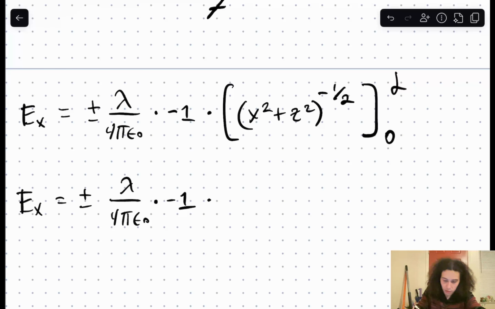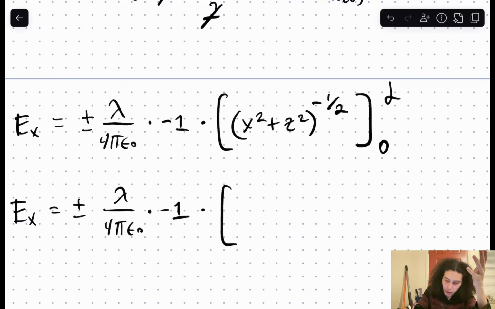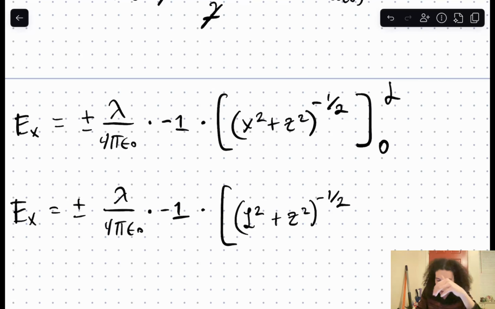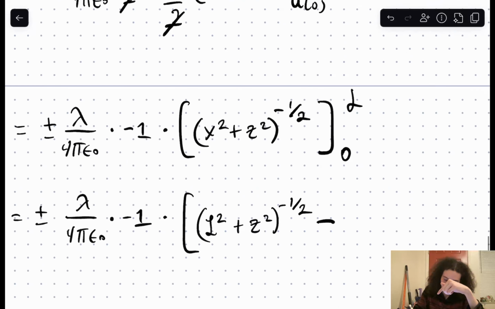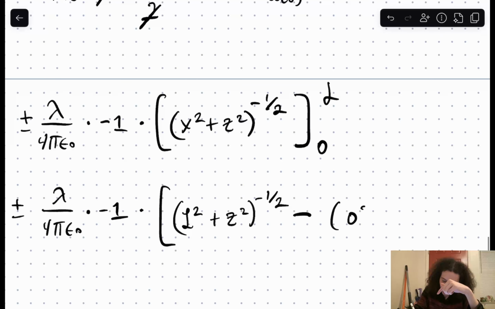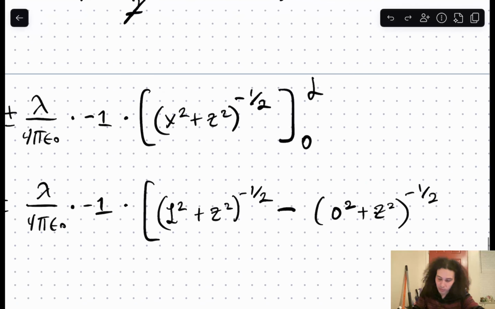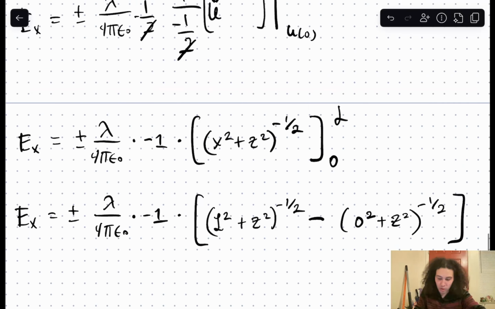Negative 1. And now we plug in L squared plus z squared to the power of 1/2 minus, this is the fundamental theorem of calculus, minus 0 squared plus z squared. So you just copy the same form, minus it. There you have it.